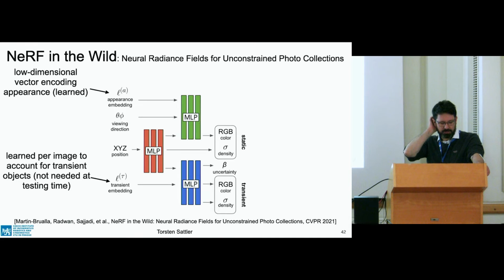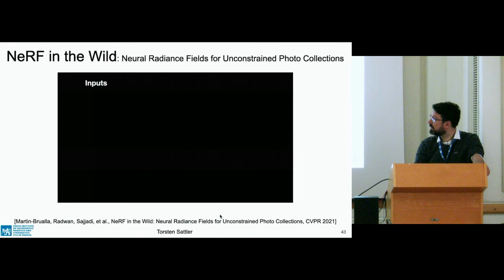And you have a transient embedding, which is, again, a vector in a relatively low dimensional space that says where in the images used for training are objects that are not part of the static scene. So at training time, you predict the static part of the scene, and you predict color and density for transient objects.